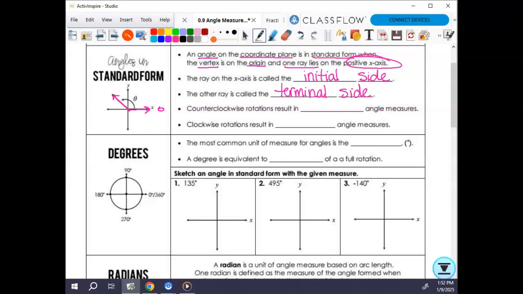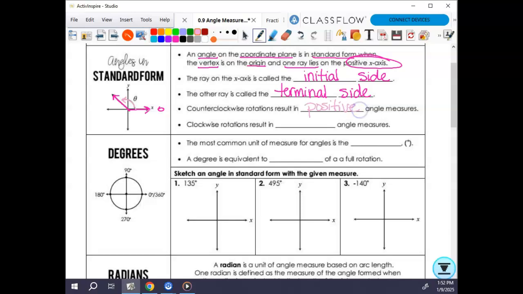Vocabulary is important. And then I know that, unfortunately, the great majority of you do not know how to read an analog clock, even though there is one on the wall. But hopefully you at least know the difference between clockwise and counterclockwise, because that is important. So if I'm here and I opened up this way, which is counterclockwise, that gives me a positive angle measure.